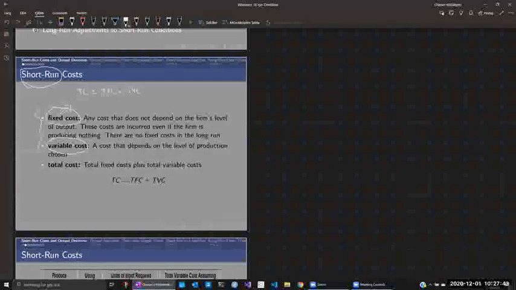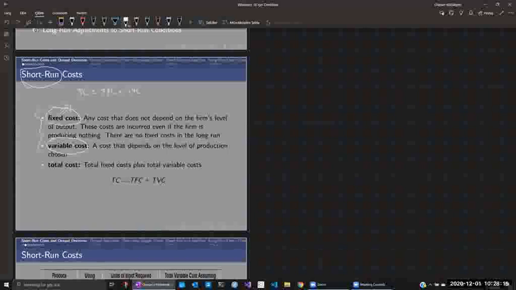For example, if you think about a restaurant, let's say, in order to produce some hamburgers, you need an oven, you need a grill, you need other equipment, maybe tables and chairs, and you have to make a rent payment, for example. These kinds of costs have to be made no matter what your production is, right?